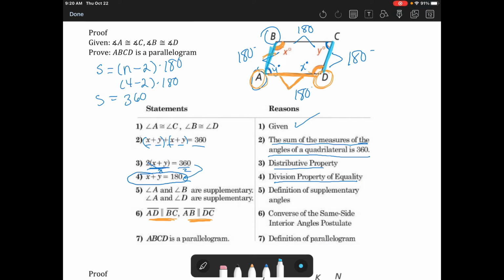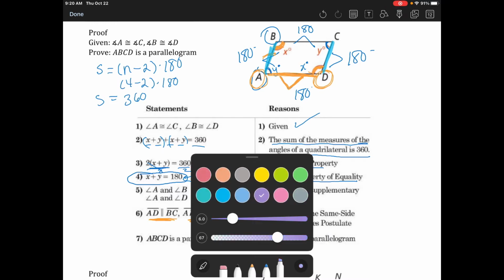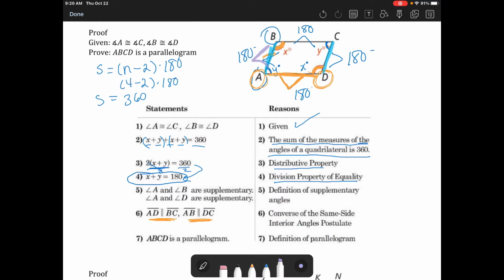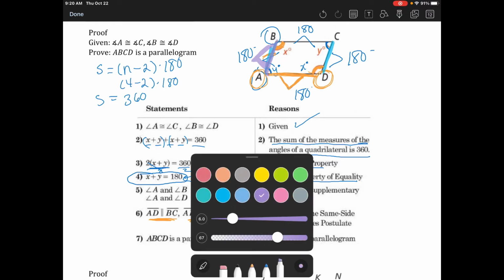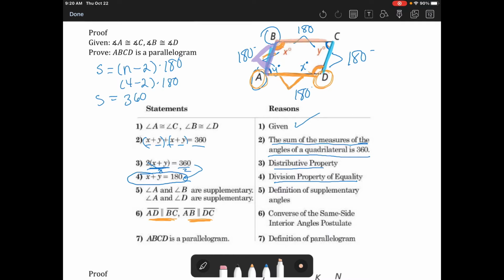And then similarly, if we say that these 2 are supplementary, this would be the transversal, and these 2 would be parallel. So, since the opposite sides are parallel and the consecutive angles are supplementary, ABCD is a parallelogram.